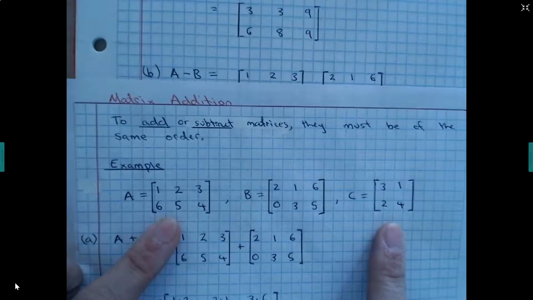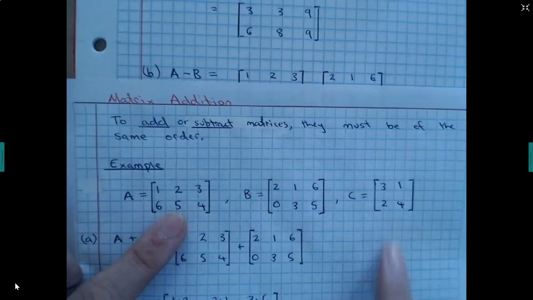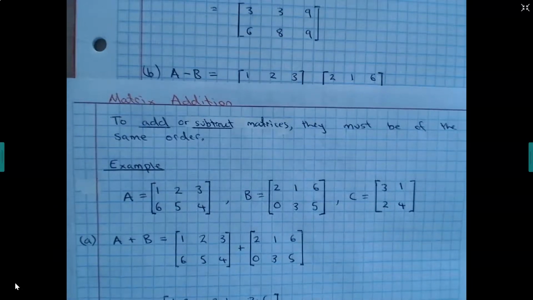Good. Are they of the same order, those two matrices? No. This one's a 2 by 3, that's a 2 by 2. Therefore, we can't add them. We can't do a matrix addition if they're not of the same order.